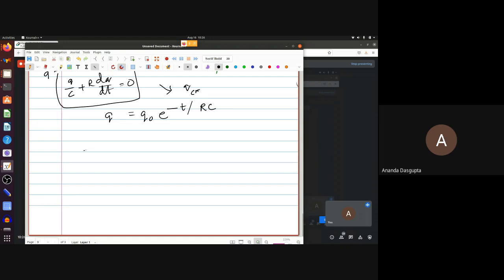Say the current I is I0 e to the j omega t. That's a complex current, of course. The voltage will be I0 times the impedance, whatever the impedance is, times e to the j omega t. This, for the RC circuit, could be R plus 1 by j omega C. Then the power is simply I times V.